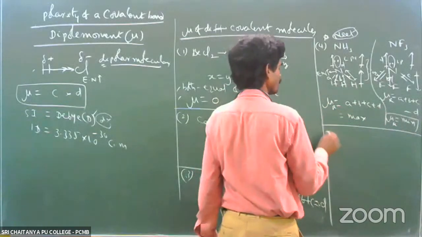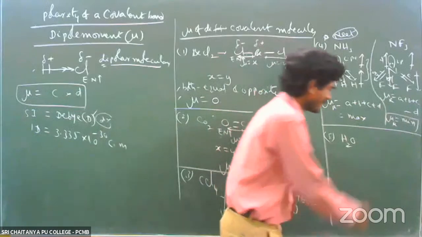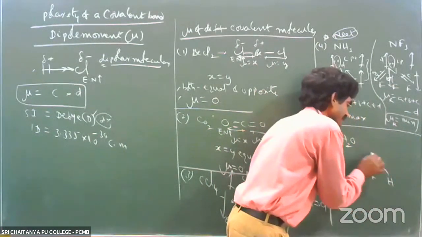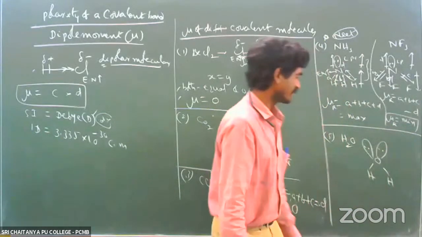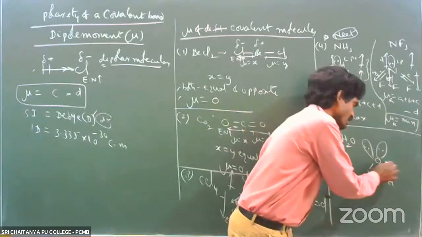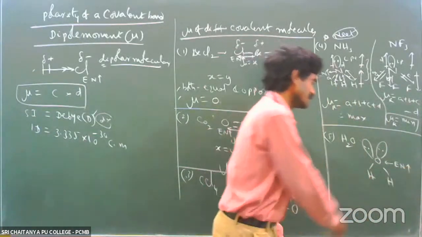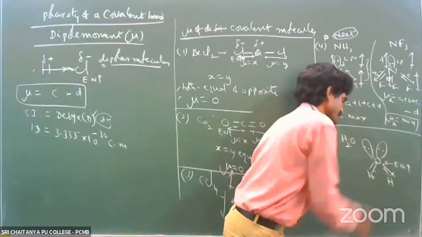In the same manner, you can find out the dipole moment of the H2O molecule. Here, the central atom is oxygen. It is bonded with two hydrogens and it has two lone pairs of electrons, right? Here, compared to hydrogen, oxygen is more electronegative. That's why the bond moment is towards the oxygen, and also towards the oxygen, right?